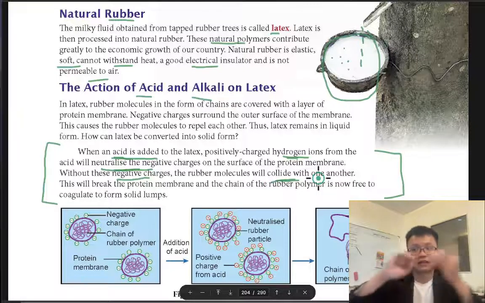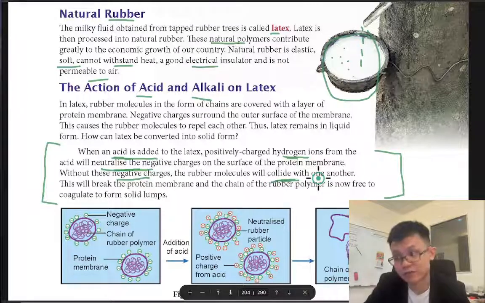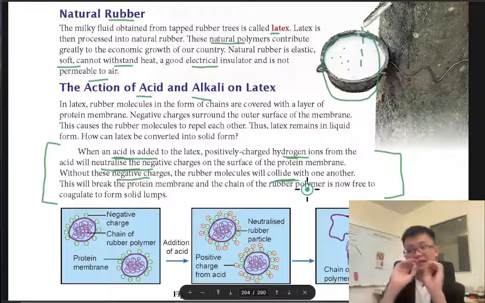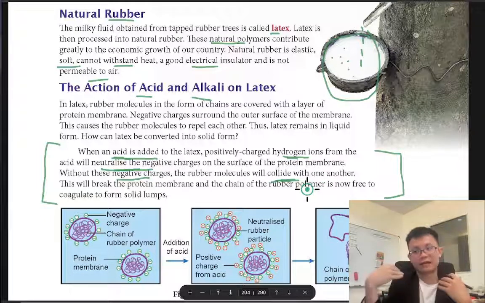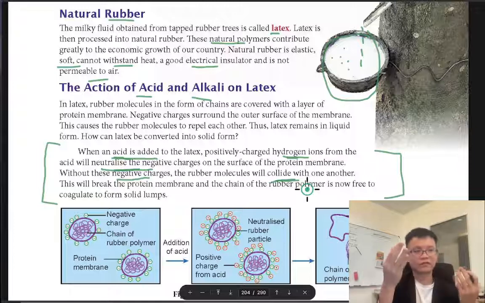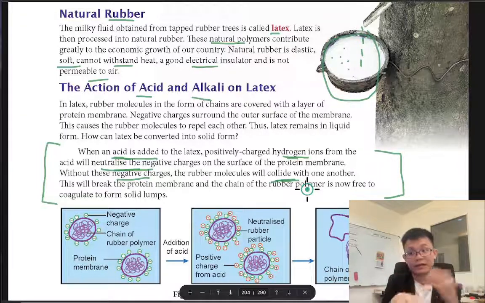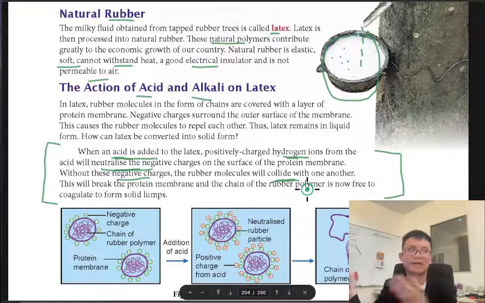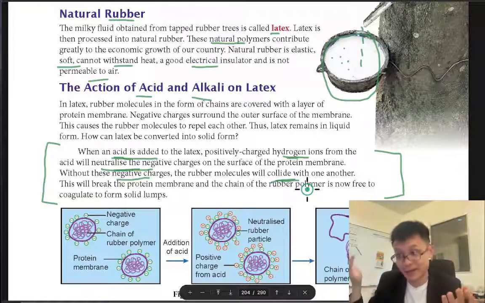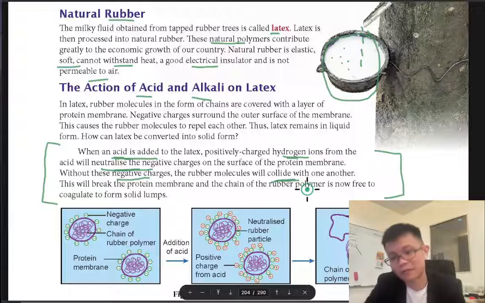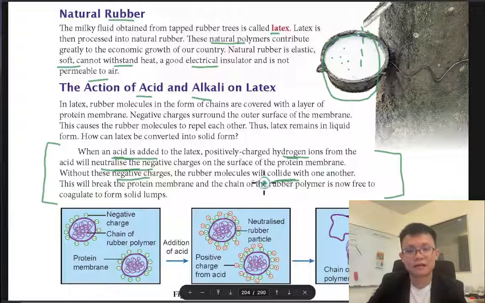They start to hit one another because it's neutral charge. Because if negative and negative, they cannot stick, correct or not? Like for example, girl and girl, they won't be together. So when you neutralize it, then they will collide.